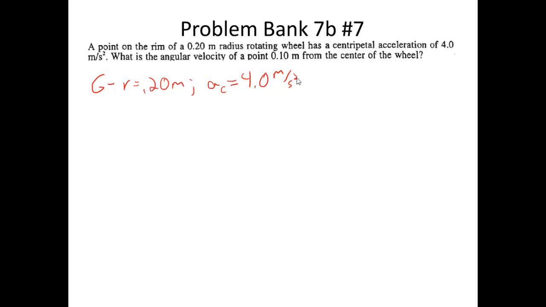What is the angular velocity of a point 0.10 meters from the center of the wheel? So our unknown is our angular velocity, which is omega.